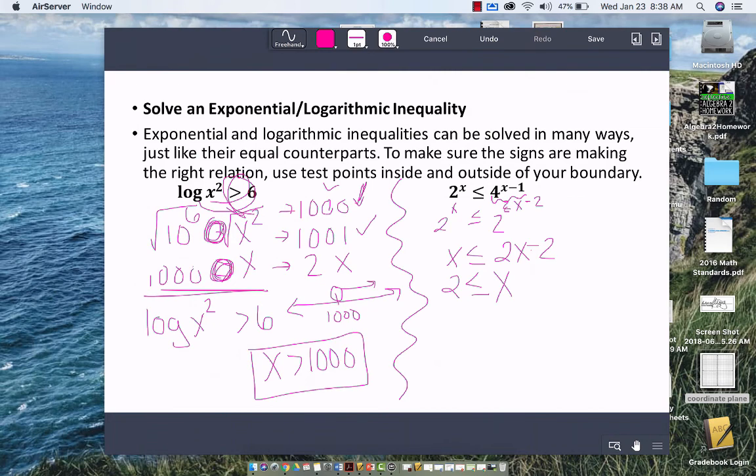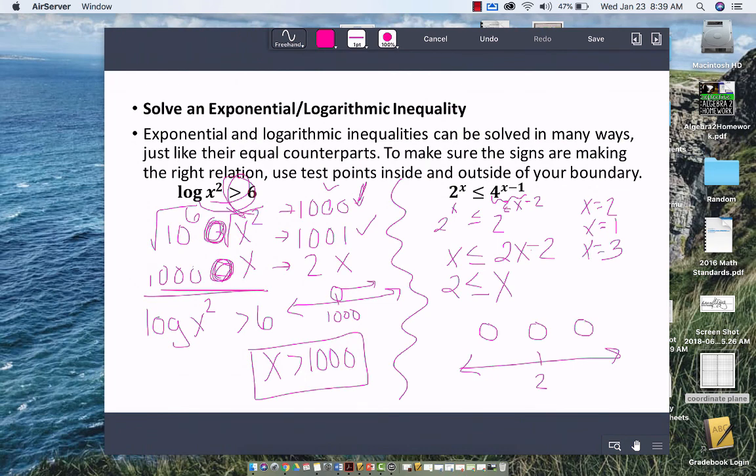But before I determine that, I want to try my test points. I don't believe my sign is correct until I try my test points. So the test points I want to use are definitely x equal to 2, one where x is less than 2, so maybe 1, and one where x is greater than 2, which is maybe 3. So you can see what I'm looking at here, here is my 2, and I'm using a test point from here, here, and here as far as intervals go.